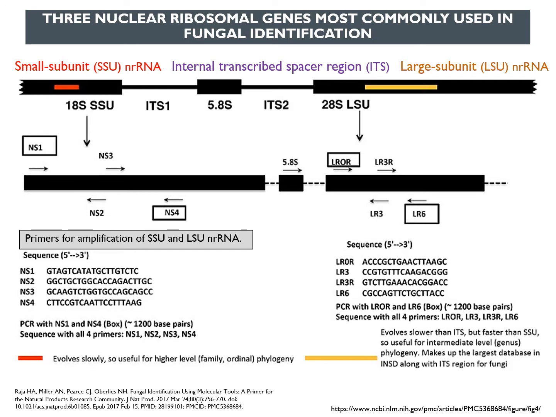Let's move on to the first topic. The key that I would like you to know is the three nuclear ribosomal genes that are most commonly used in fungal identification.